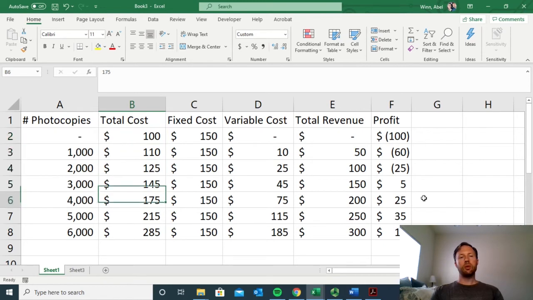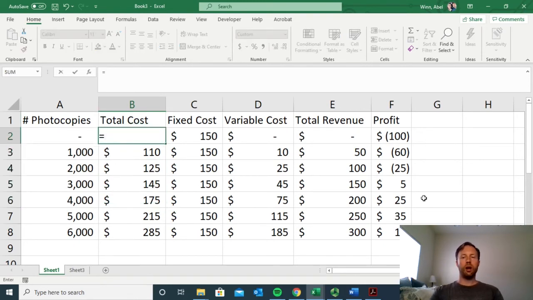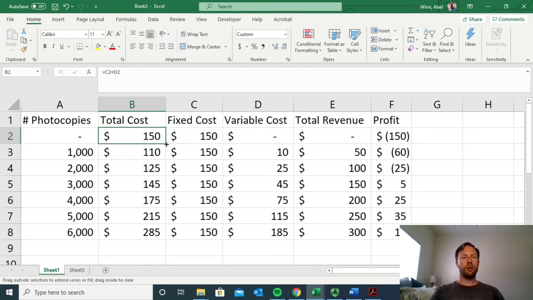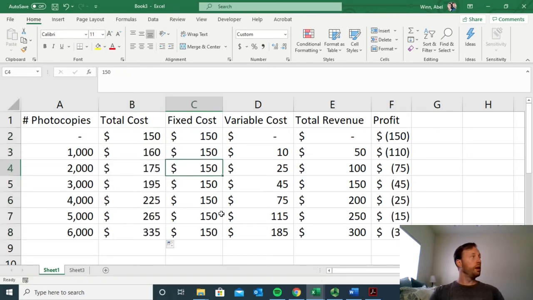So I'm going to replace the numbers in this column with just saying the number in this column of total cost is equal to fixed cost plus variable cost. $150 instead of $100. Copy that down. And now notice what's happened in the profit column is all of these numbers are now negative.